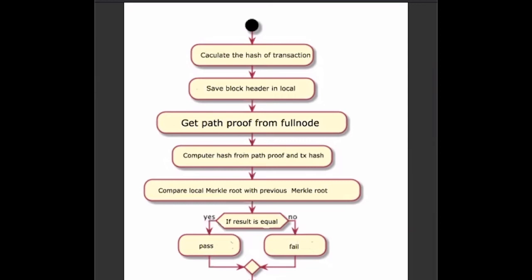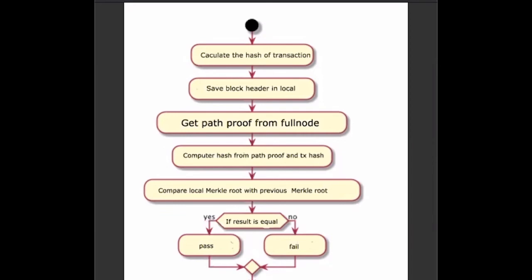Okay. How to get the Merkle proof? Well, basically, the Merkle proof is the Merkle path and block height obtained from a full node. The Merkle path first obtains the block information through the transaction ID.